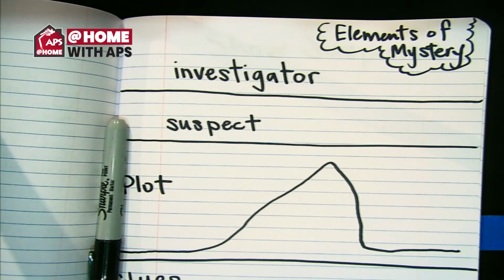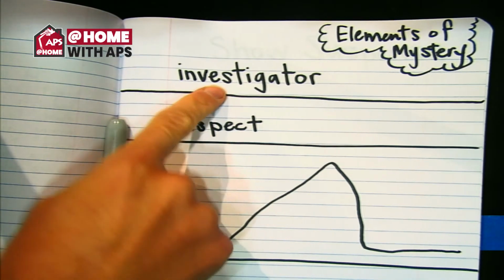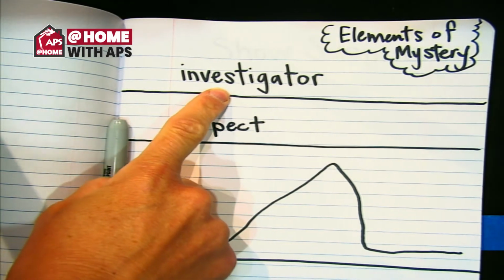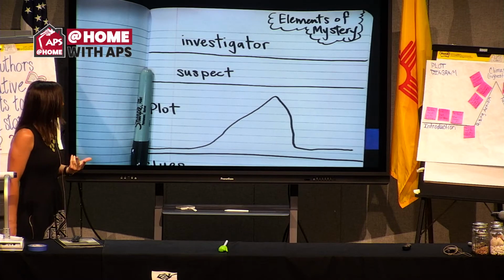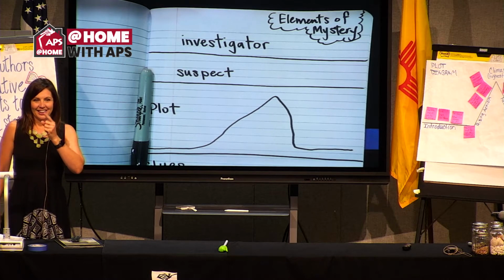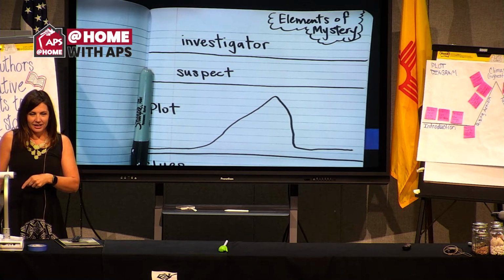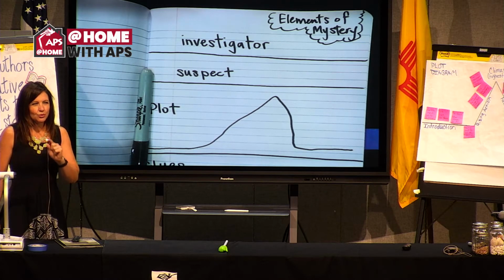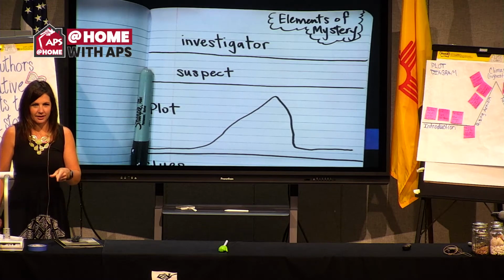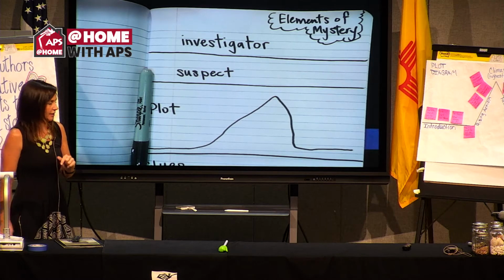The first thing we need to figure out in any mystery is who is the investigator. Investigator. Who is trying to find the answers? The next thing we need to write is who is the suspect? Who do we think is behind the mystery?